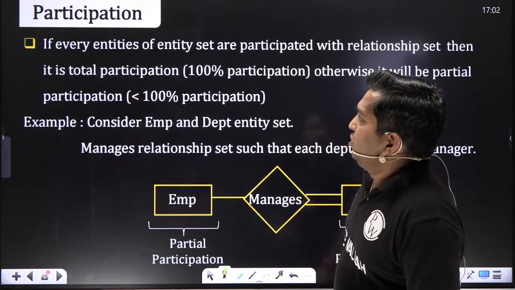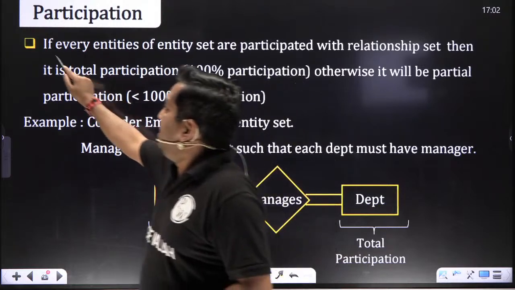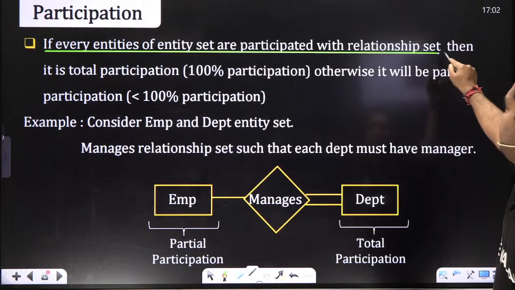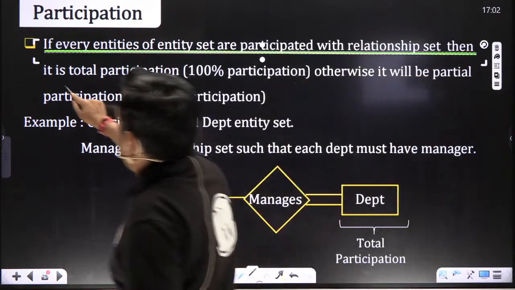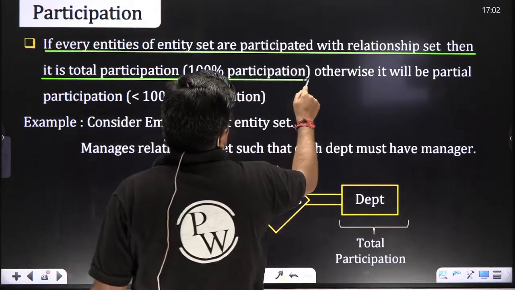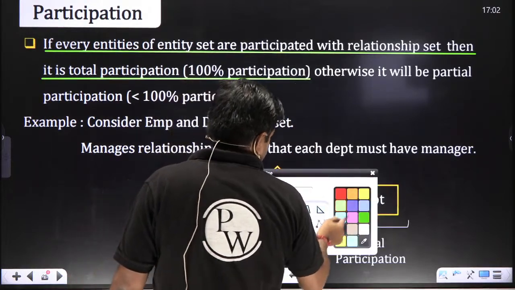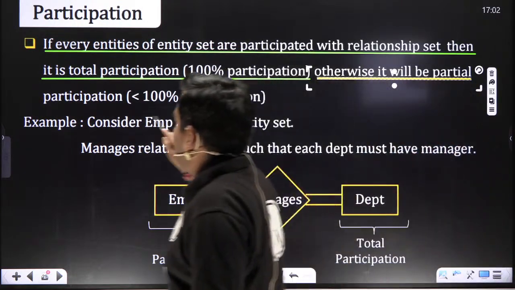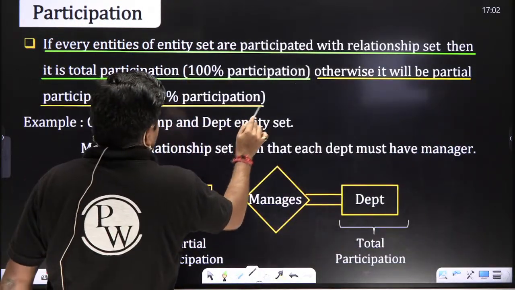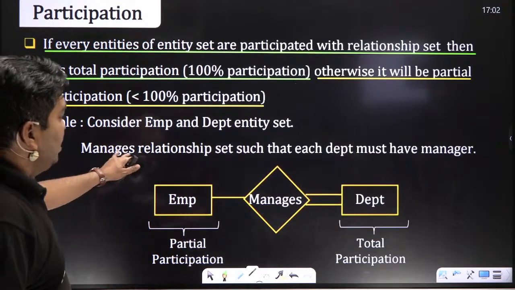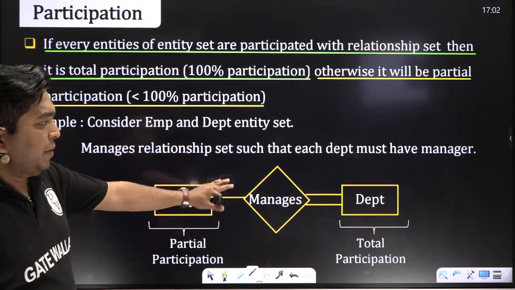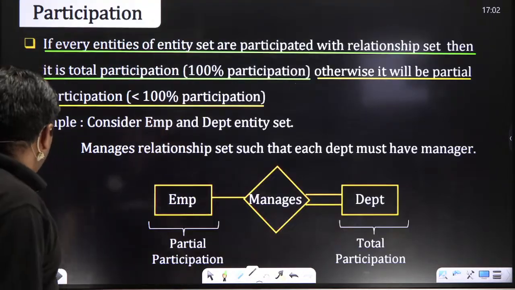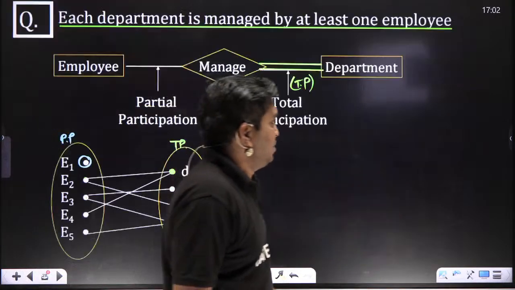If every entity of the entity set participates in the relationship set, then it is total participation, 100% participation. Otherwise it will be partial participation. For example, I told you in the manage relationship set, each department must have a manager. This is the meaning of total and partial participation.